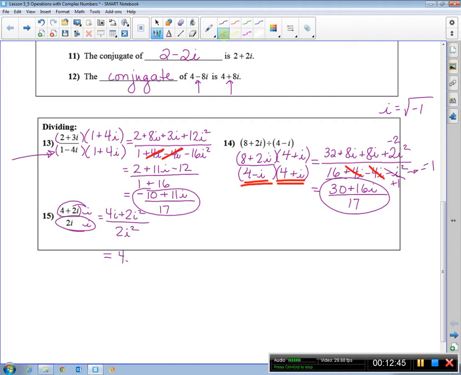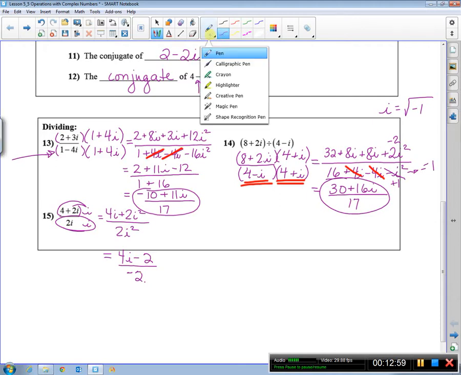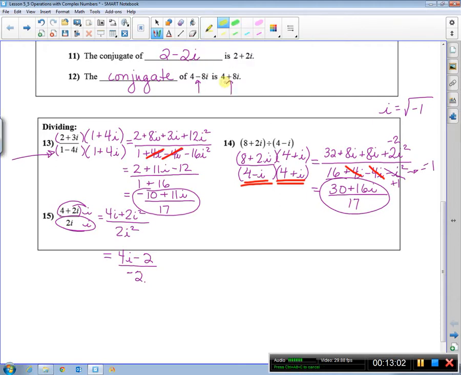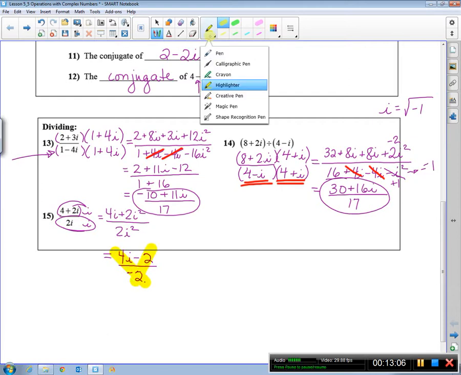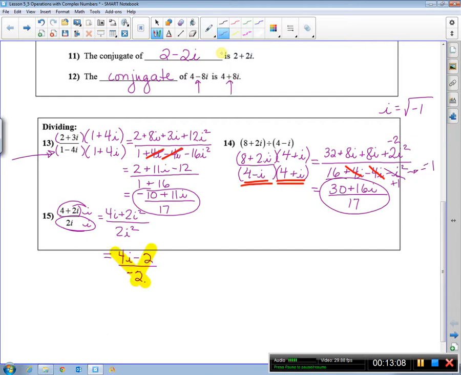4i is 4i. Plus 2i squared will be minus 2. And on the bottom, 2i squared will be also negative 2. So now remember, if your single denominator goes into both parts up here, then you can reduce, and we have that happening.